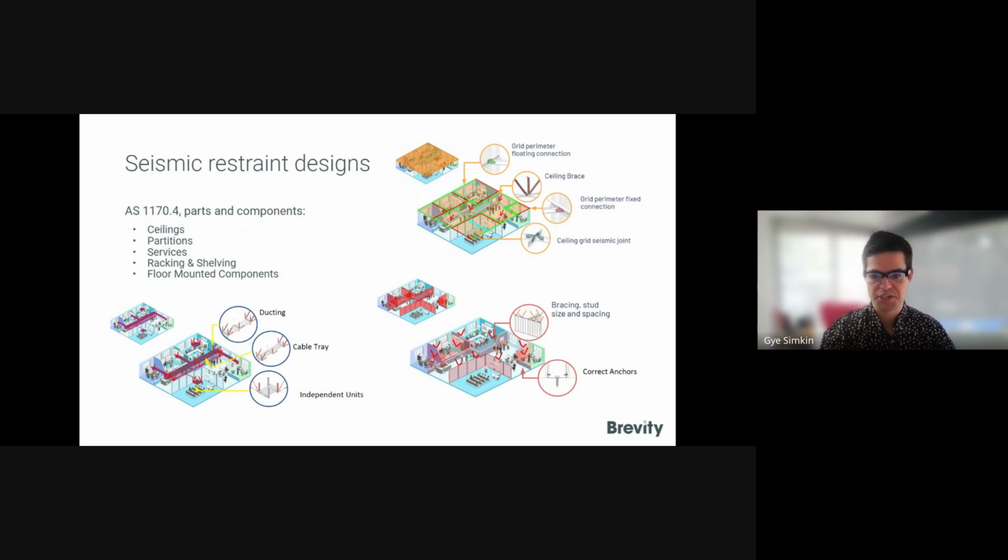These images here show some of the services, ceilings, and partition examples, and the seismic restraint designs will take into consideration all of the project specific parameters, and then go through to specify details for each of those elements, such as how your ducting will be fixed to the structure above, what type of fixings to use, what the brace elements are, and so on.